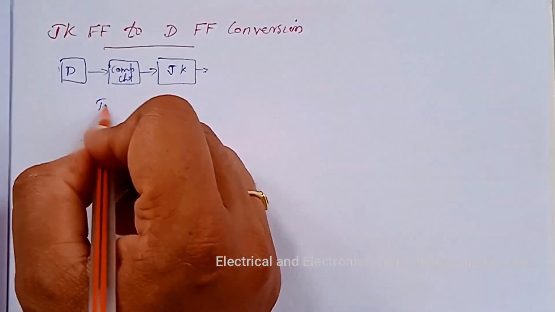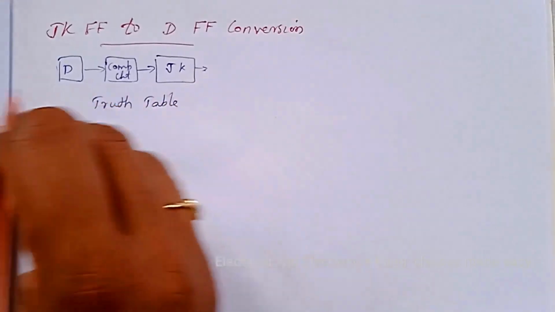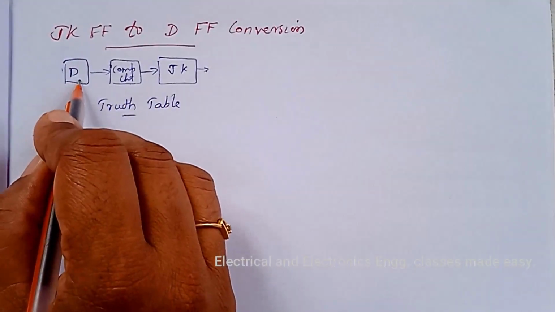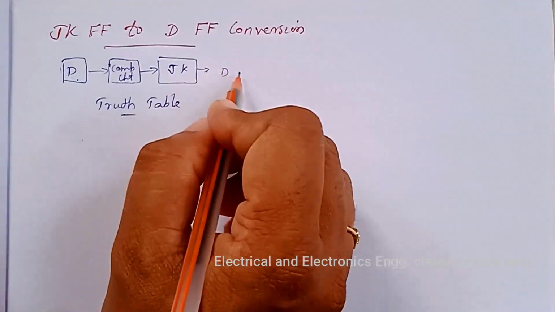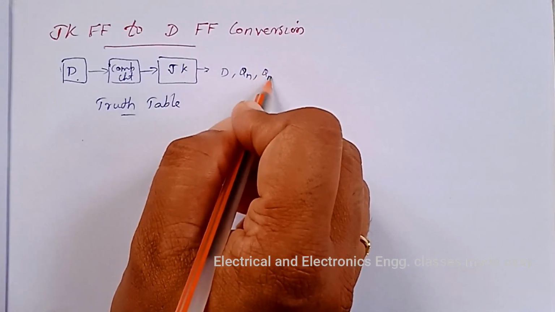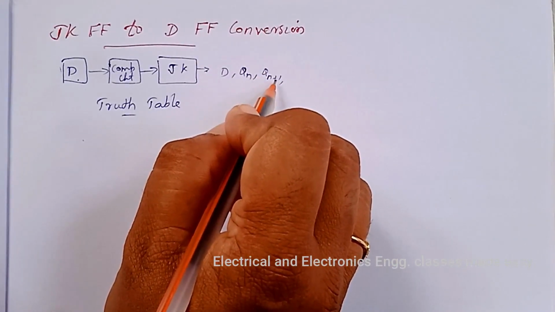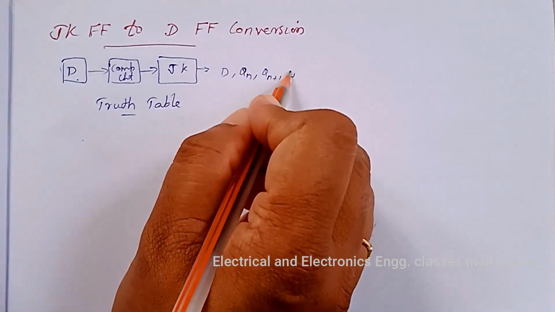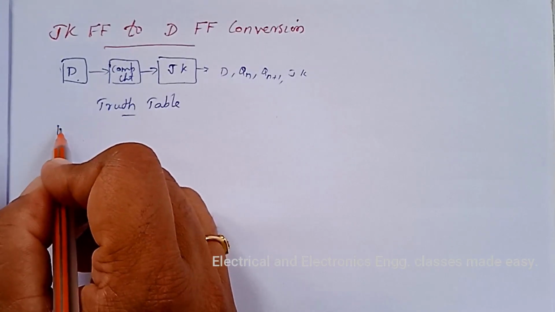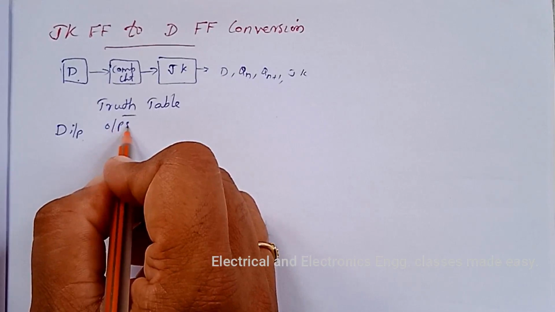Now we have to write the truth table with D input, then Qn, which is the present state, Qn plus 1, the next state to be obtained, then JK inputs. So here D input, then outputs.